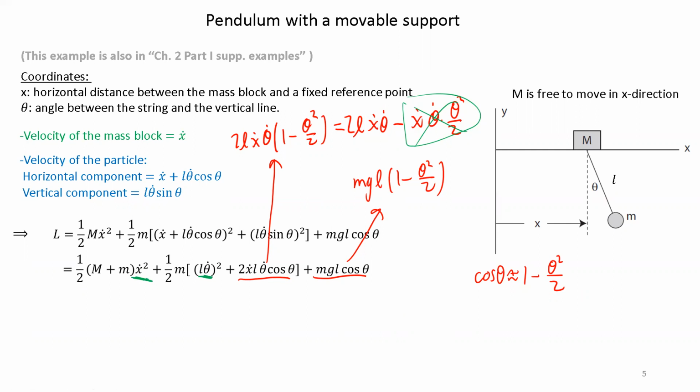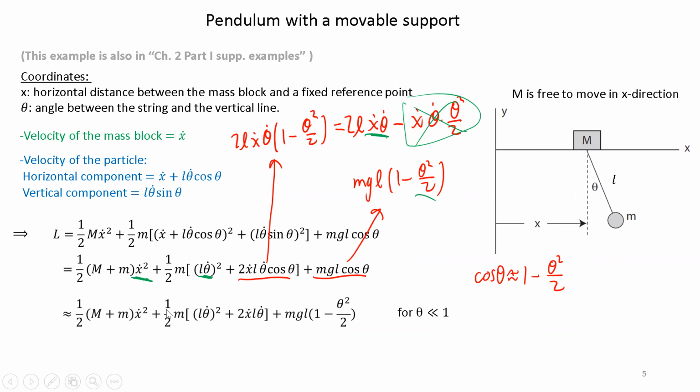These are the terms that I want. This x dot theta dot is also a 2nd order term, so I keep it. This theta dot squared I also keep. But this is a 4th order term, and that would be much smaller compared to the 2nd order terms. That's why I dropped this one. And therefore, after that, I would only have an expression that looks like this.